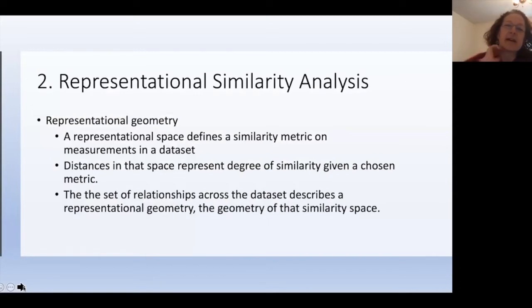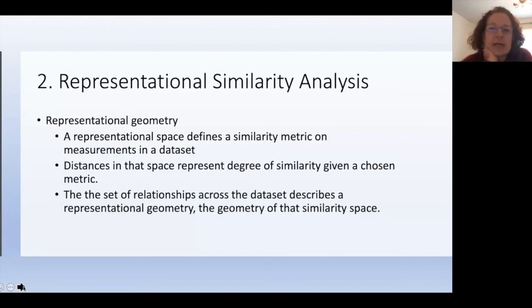But a more recently used technique, which has been adapted from originally, I think, psychology, is representational similarity analysis. And this relies on the idea of a representational geometry.